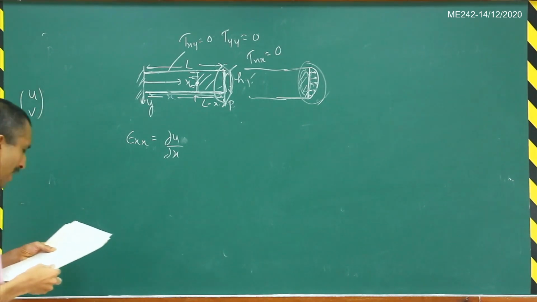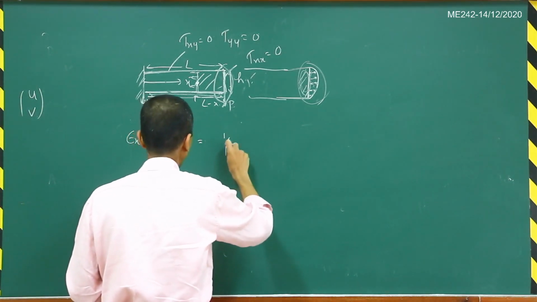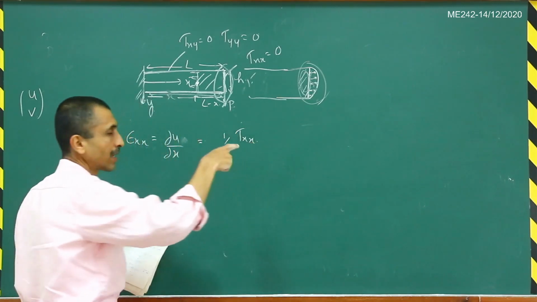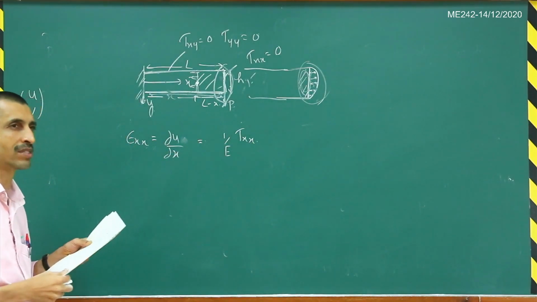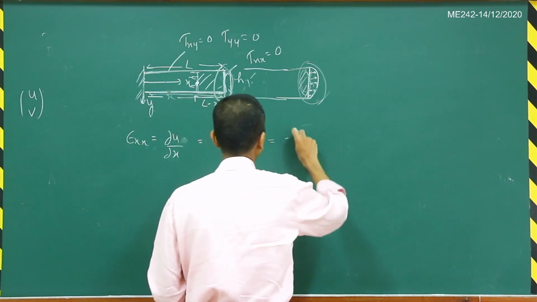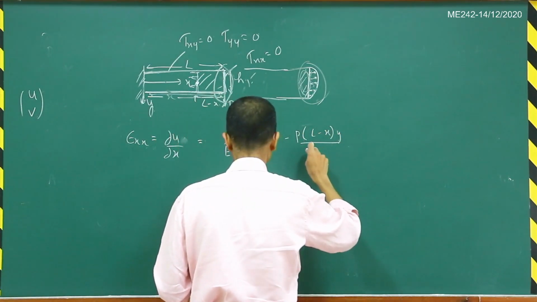So del u by del x is equal to 1 by E times tau xx, because tau yy is 0 and tau zz is also 0, since this is a plane stress situation.